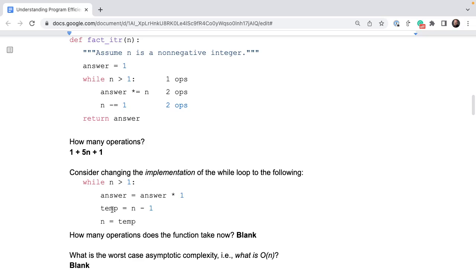Anyone think they know? 6n, because you'd have that 1 extra assignment. So in this case, it would take 1 plus 6n plus 1, or you could write this as 6n plus 2 iterations.